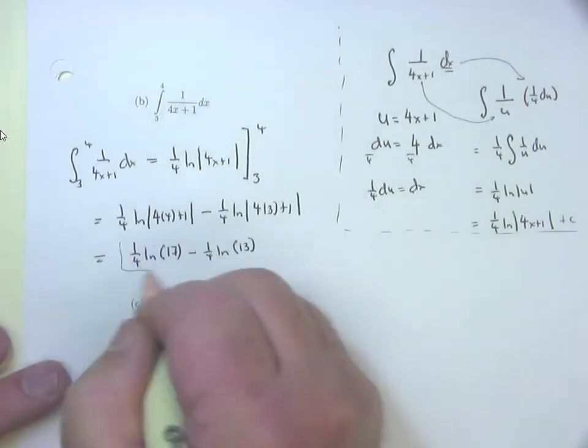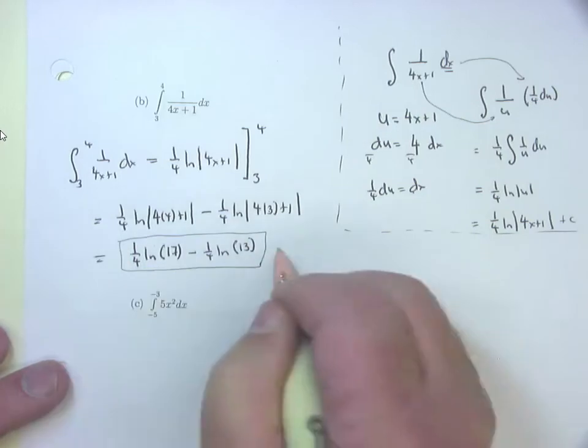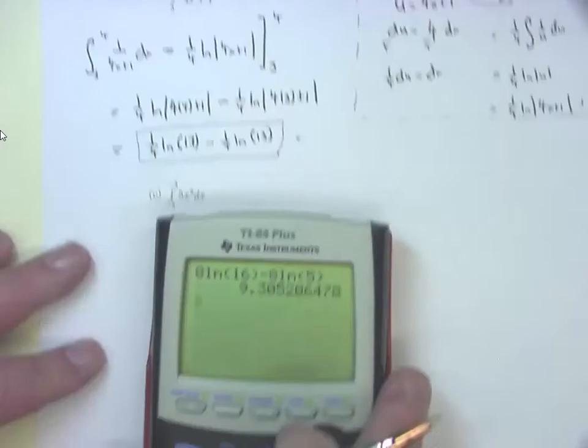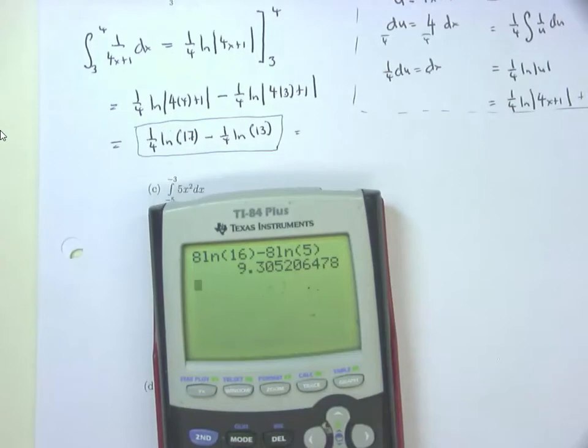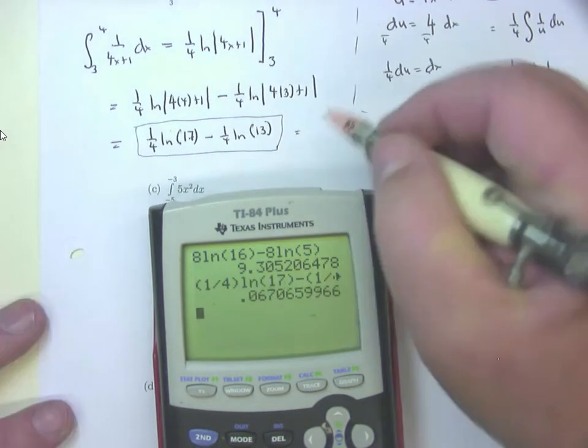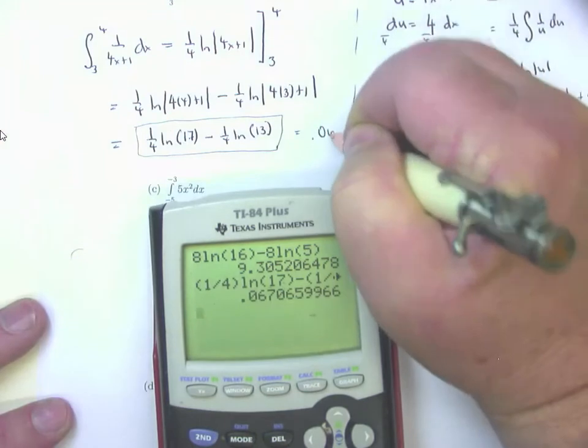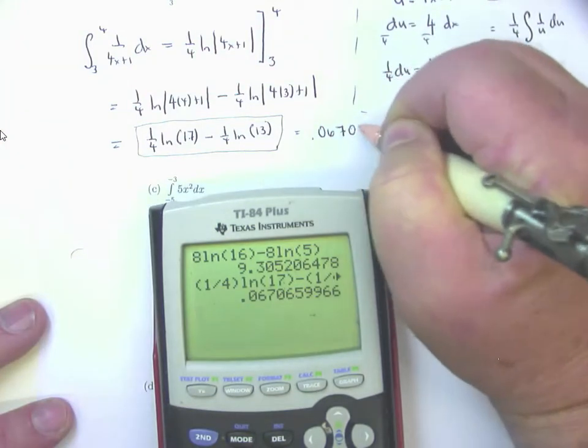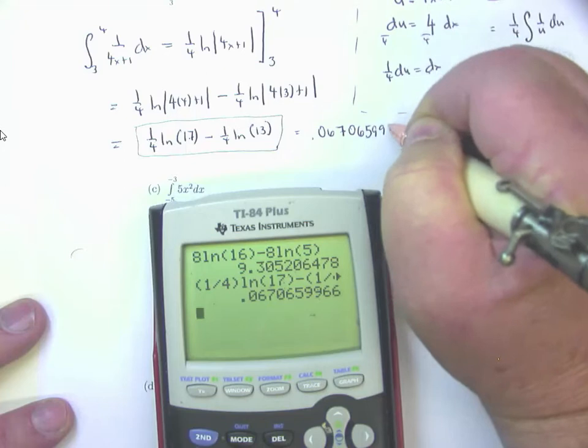And so that's good enough. But if I put this on the calculator, with parentheses around fractions, 1/4 the natural log of 17 minus parentheses 1/4 the natural log of 13, I end up getting 0.06706599966.